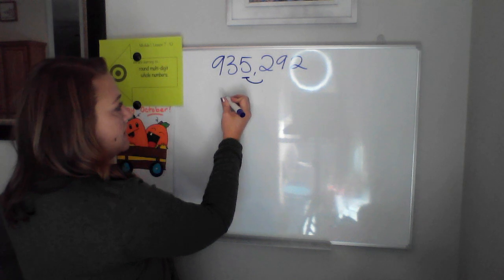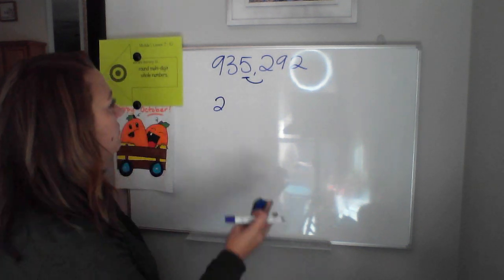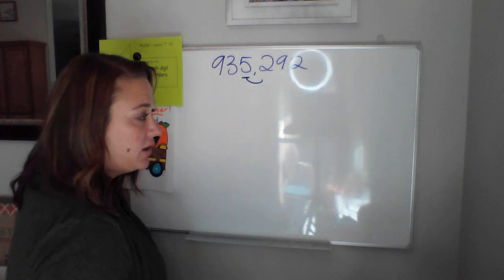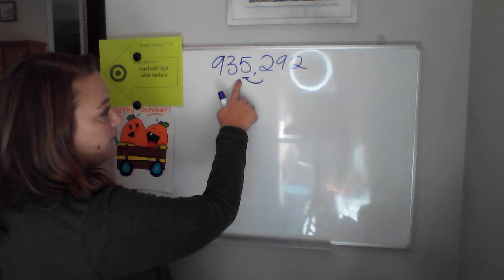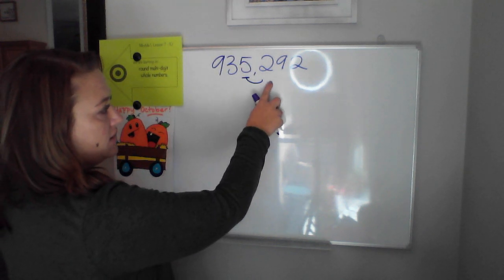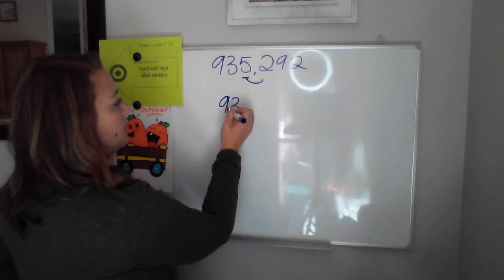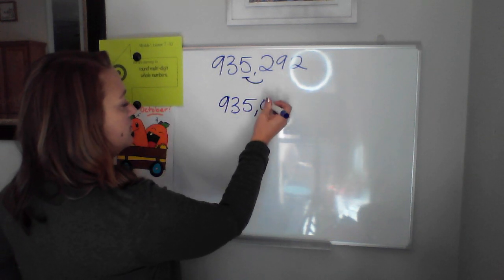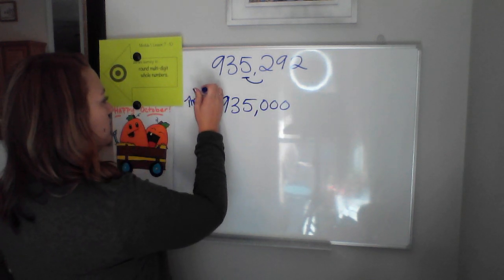So if we round to the nearest thousands, we would round this to either 935,000 or 936,000, but because it's a 2, we're rounding down. So here's our nearest thousands place. So this is our thousands.